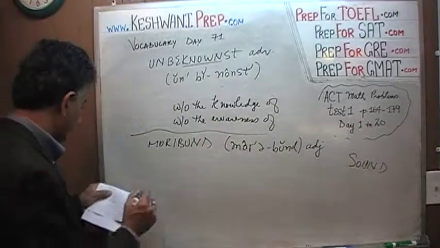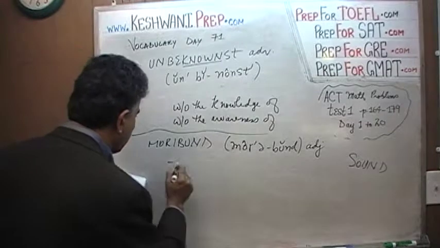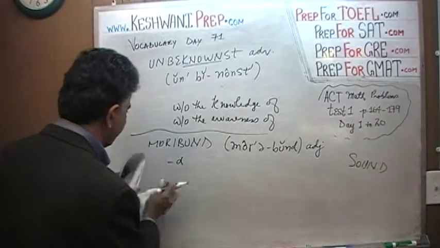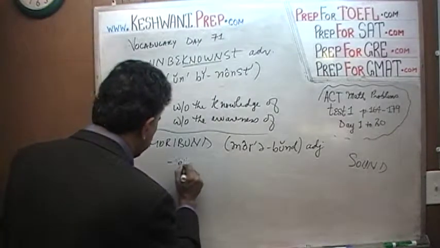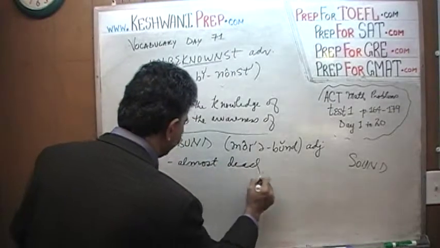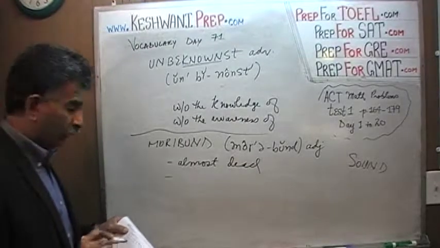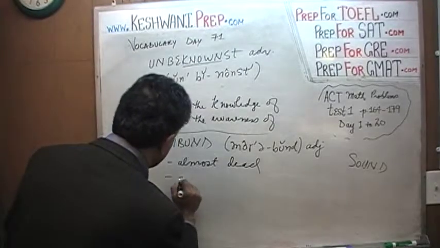Moribund means almost dead. Not quite dead, not completely dead, but almost dead, on the verge of dying.